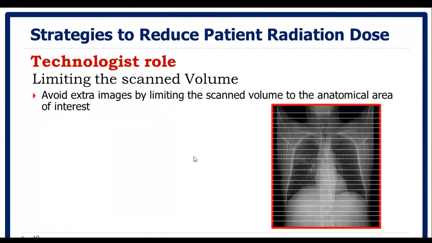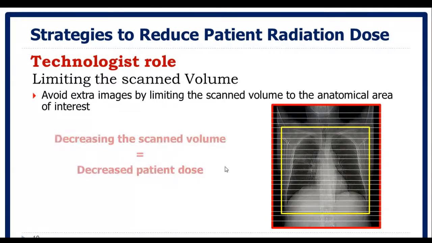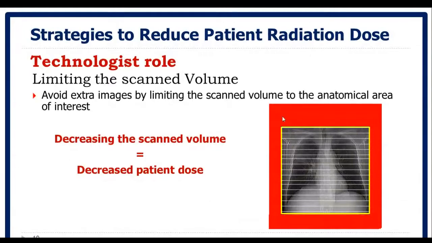Practically for a chest, we need to cover, for example, from the sternal angle or jugular notch down to include the costophrenic angles. So all this area is considered exposed area without any justification. So adjusting the scanned volume to the required area will lead to decreasing the patient dose.